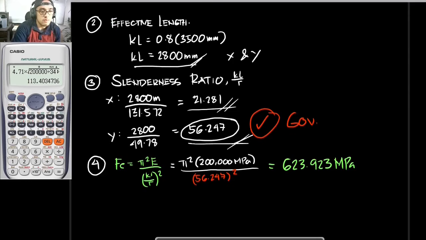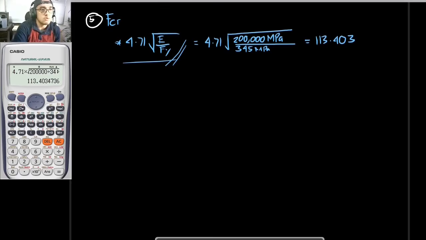Ano na ulit yung ating slenderness ratio? Our slenderness ratio, KL over r, is 56.247. And our answer here would be 113.403. If we are to compare both values, would it be greater than or less than? By common sense, this is less than or equal to this.